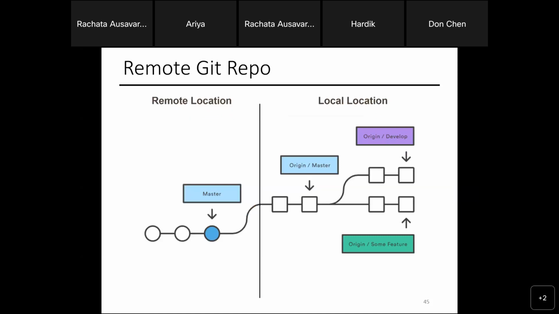Now, Git also works with the server. For example, does anyone know the websites called GitHub or GitLab? These are probably the two most common platforms that you can use to maintain your own code repository using Git. This allows your code to be on the GitHub server, for example. When it's on the server, it's a remote location.